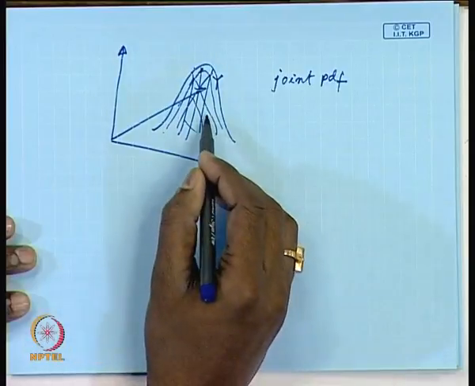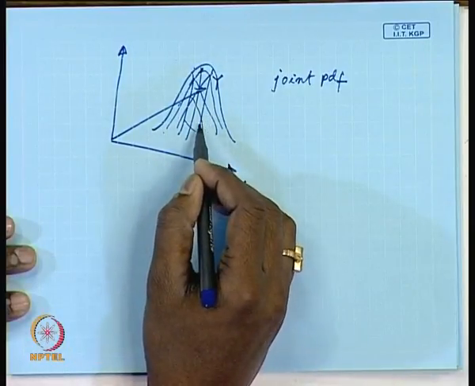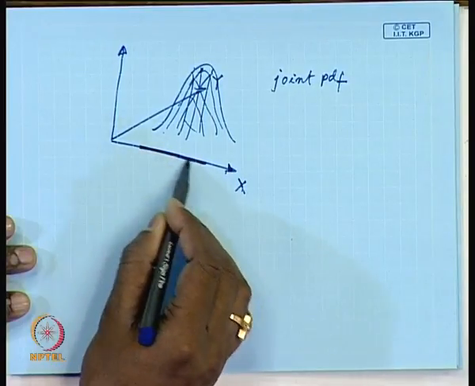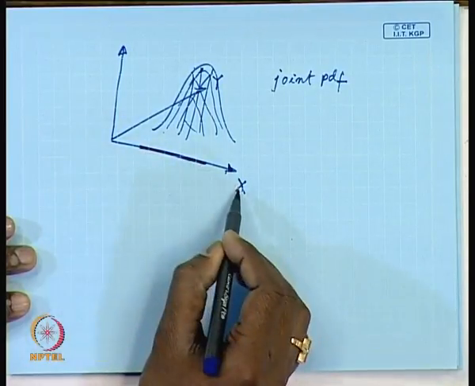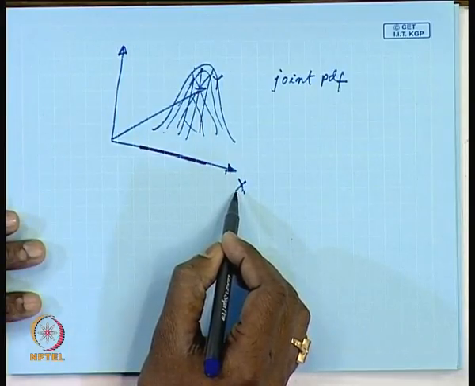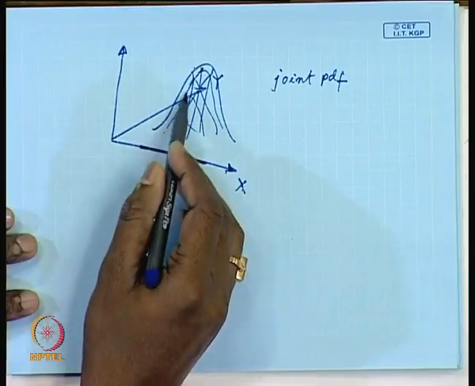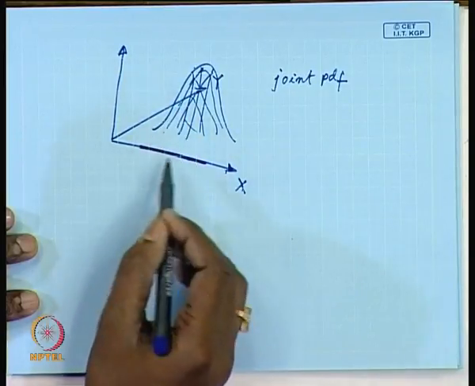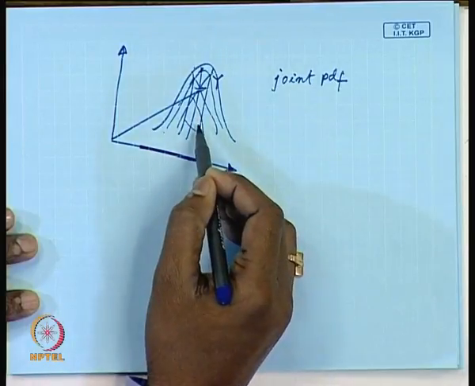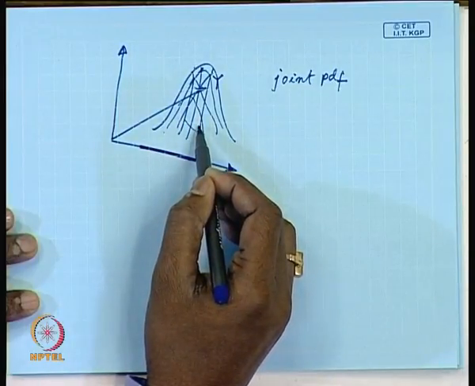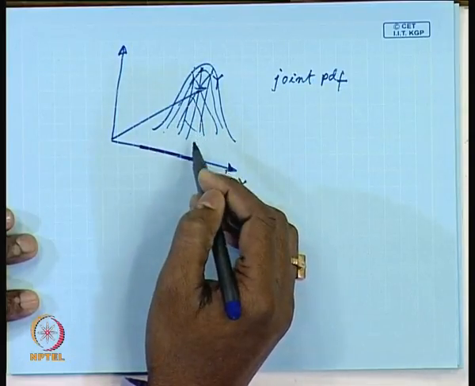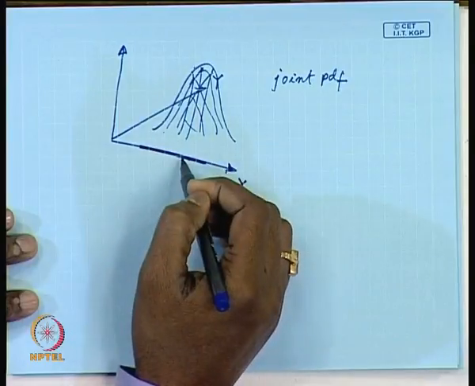Suppose I have this joint probability distribution and I want to know the distribution over this axis, that is, for the random variable x. Sometimes, irrespective of the distribution of y, I just want to know the distribution of x. The joint PDF shows the behavior of the simultaneous occurrence of both the variables.